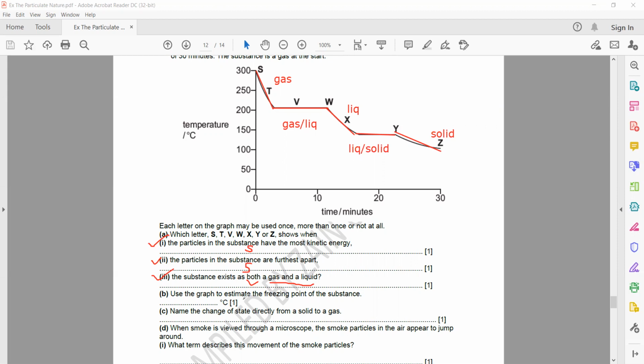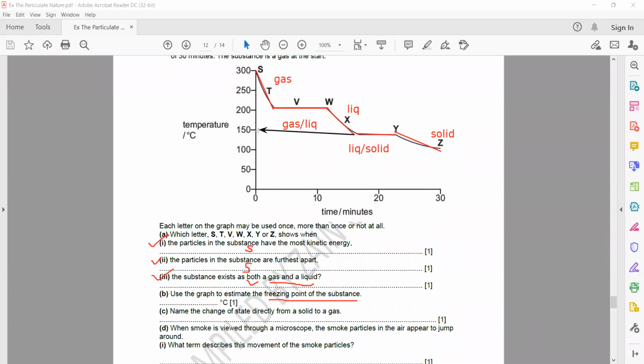Then use the graph to estimate the freezing point of the substance. What is the freezing point of the substance? The freezing point is when a liquid is turning into solid. So you will draw a horizontal line.